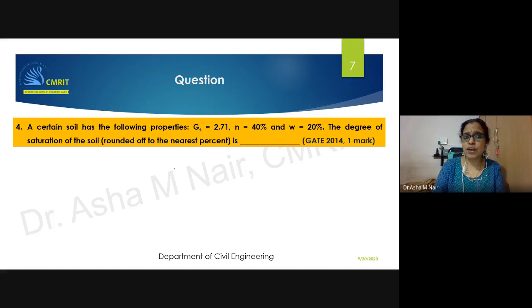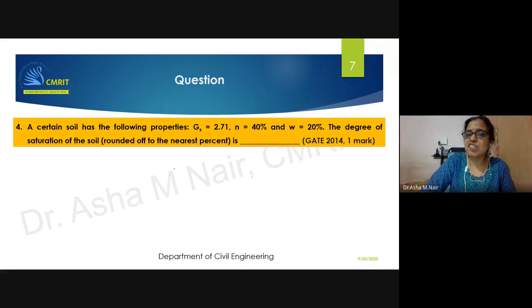You are asked to find out the degree of saturation. You are given the G value, the n value, and w.